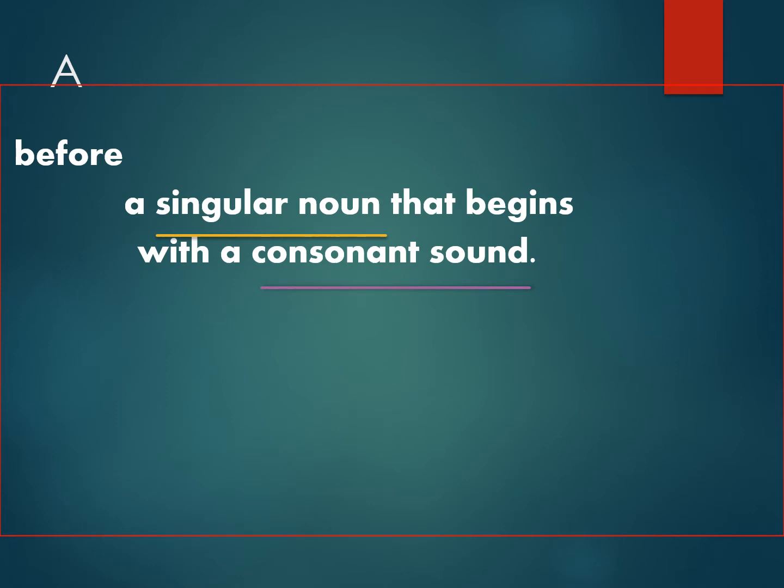These consonants give consonant sounds. For example, B gives ba sound, b. D, d sound. C, k sound.